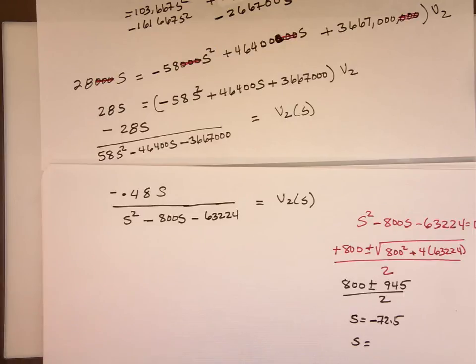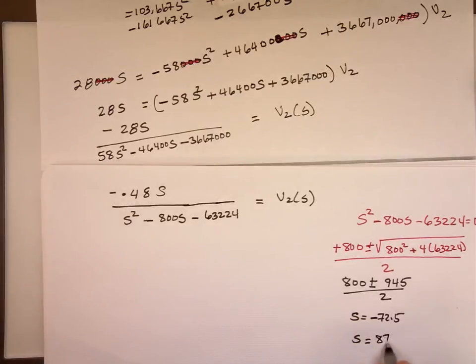Yep. That means one of these factors is going to be s plus 72.5. This factor will be s minus 872.5. Oh, I wanted to give up on this a long time ago.